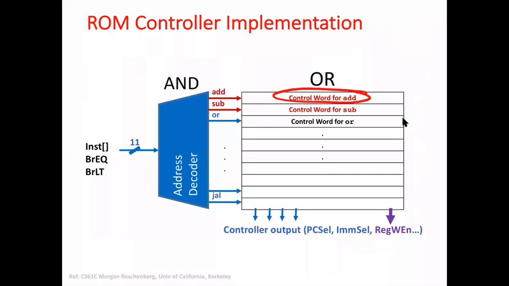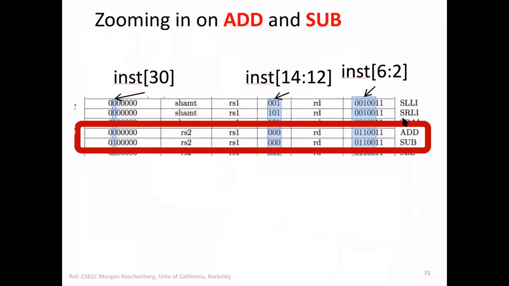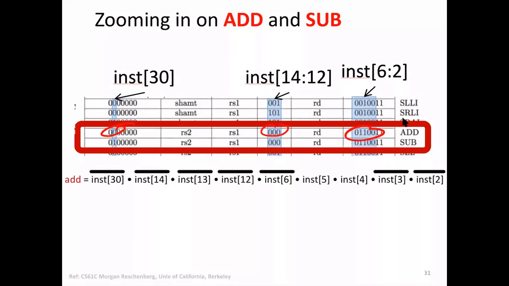So we can use AND and OR logic, and then look at these bits and 2 bits here, and then we can say add is equal to, say this is the 30th bit and is 0, so that bit bar, and then AND with the 14th bit, which is again 0 bar, and so on and so forth. The fifth bit must be 1, and so on, right?